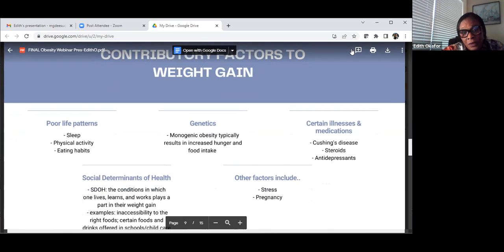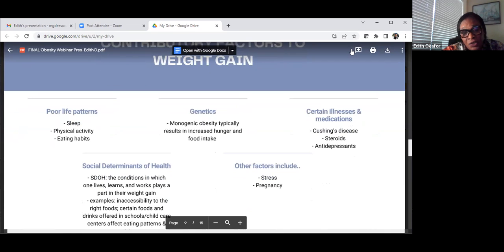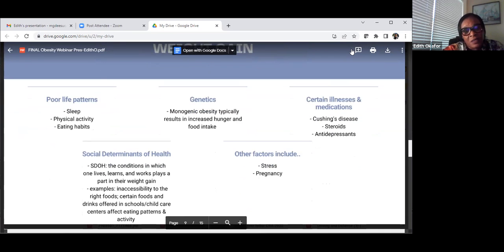Then you have other factors such as stress, very common nowadays, and pregnancy. Then we also have the social determinants of health, SDOH in short. These are the conditions in which one lives, learns or works, okay? For example, I worked in a hospital where they served anything, and it was all you can eat, and those things might not be healthy enough.